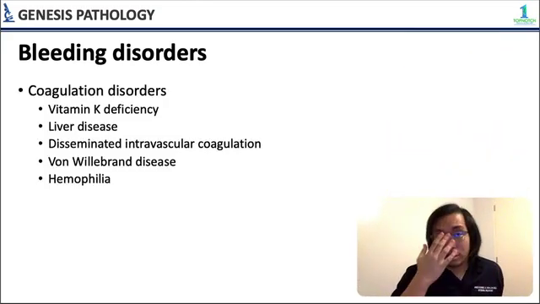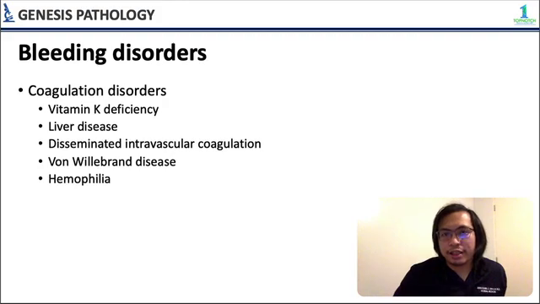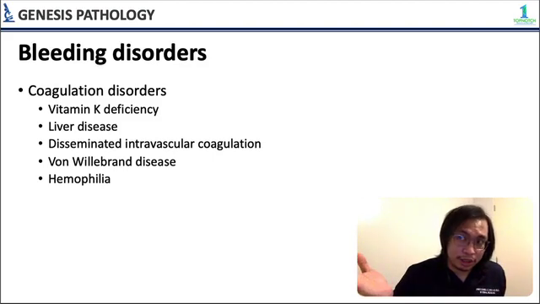Alright? So again, na-discuss natin kanina, vitamin K deficiency kasi 10, 9, 7, 2 yung problema. Liver disease kasi the liver produces coagulation factors except for factor 8. DIC is your consumptive coagulopathy, uubusin niya lahat ng coagulation factor mo, bleeding.